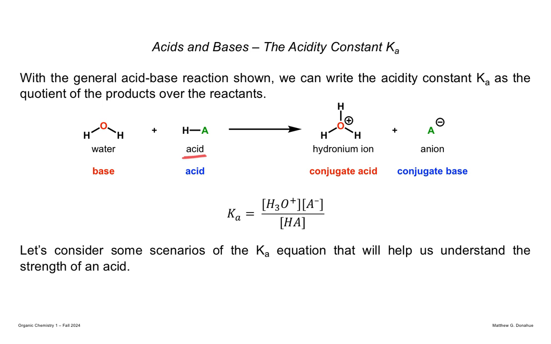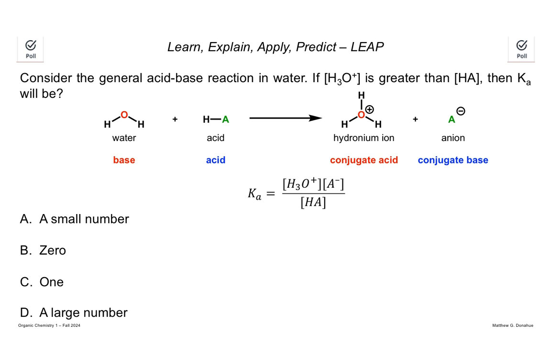And for humans, that's kind of tough to compare things when you have big numbers and small numbers. So a mathematical function is then applied to this equation. And we just call it a p function. And that deals with logarithms.